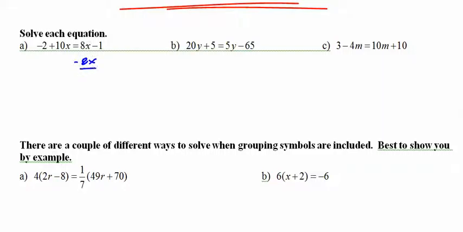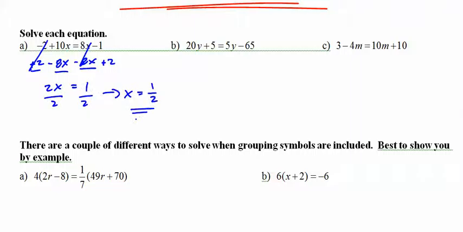Minus 8x, minus 8x, plus 2, plus 2. 2x equals 1, and we get one of our first fractions of the year. Yay for us. Check it, make sure it works. It does.